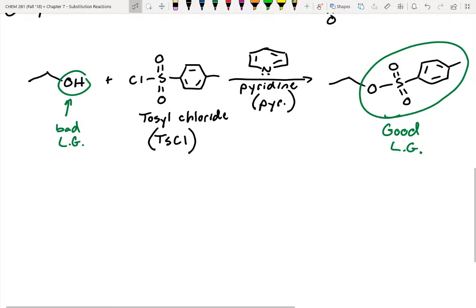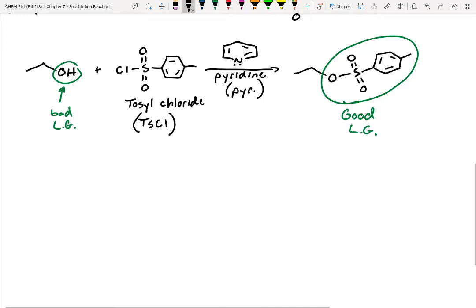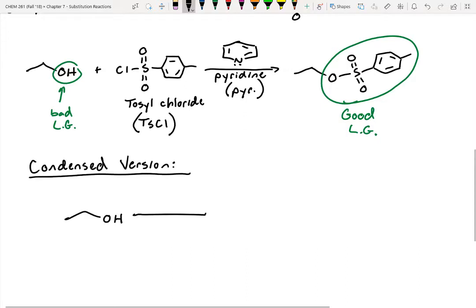All right, so I'll show you kind of a condensed version of this. A condensed version that's a lot easier to draw than showing all of these reagents would just be to say, all right, I've got my starting material with my alcohol.